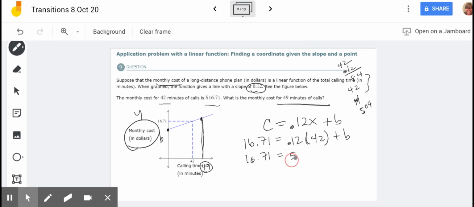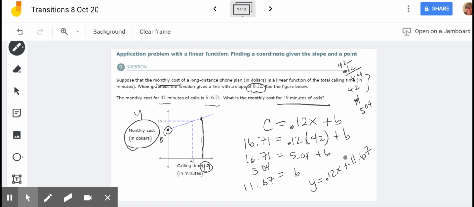So it's 5.04 plus b, and then you subtract, and if I did my math right, you guys, b is equal to 11.67. Okay, and then you get your line, and your line is y equals 0.12x plus 11.67, and you can check to see if it looks like it's at 11.67.